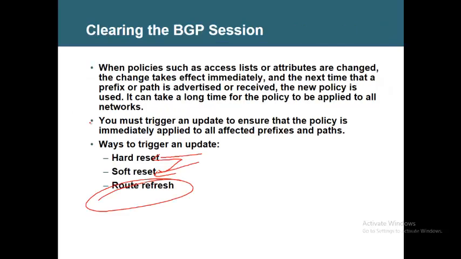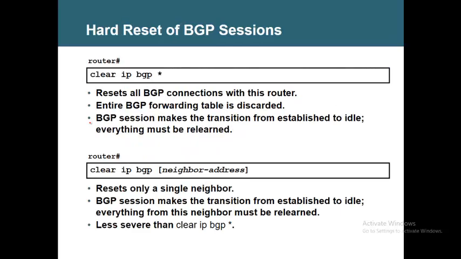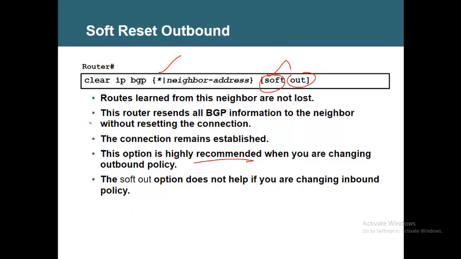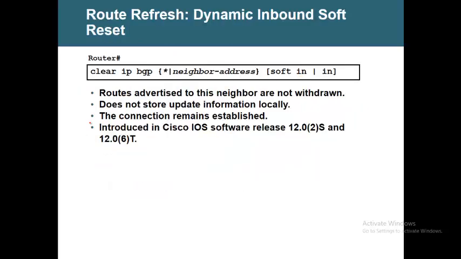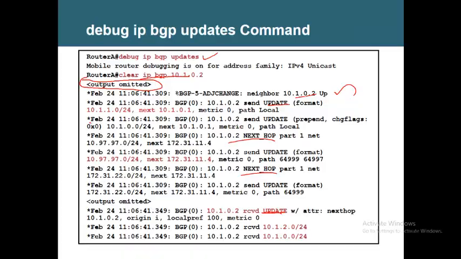At last, we learned about the reset or refresh of BGP. You can do a hard reset by typing clear ip bgp star. For a soft reset, you need to type clear ip bgp soft out or soft in. And the debug command for BGP is debug ip bgp updates.